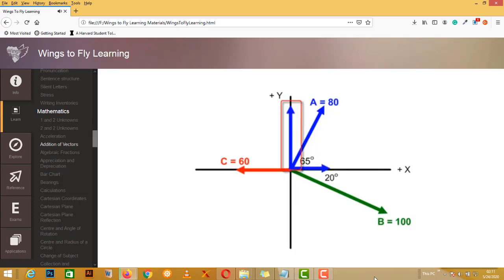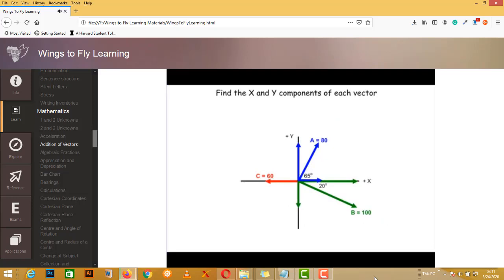And likewise, the x component of vector B is located here, y component over here. Notice that there is no y component for vector C. Vector C lies entirely on the negative x-axis. So that is the value we'll be using when it comes time to use it.